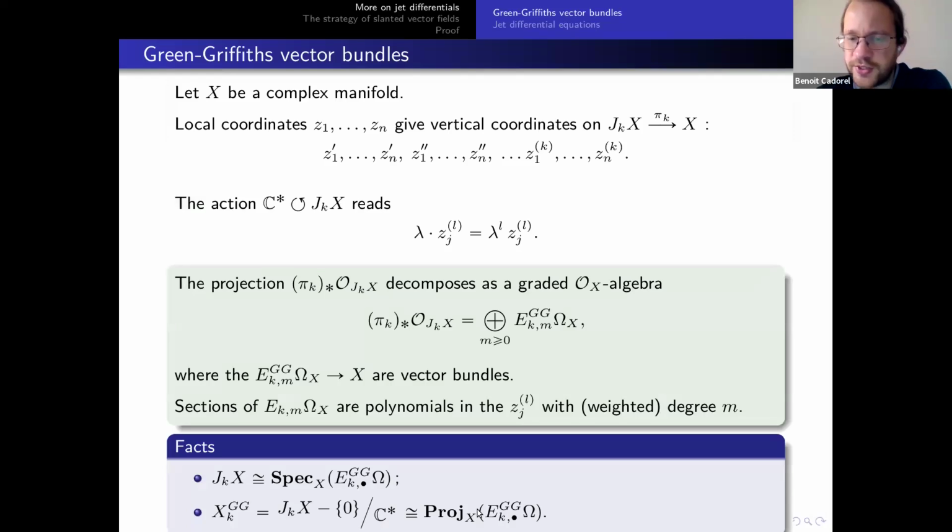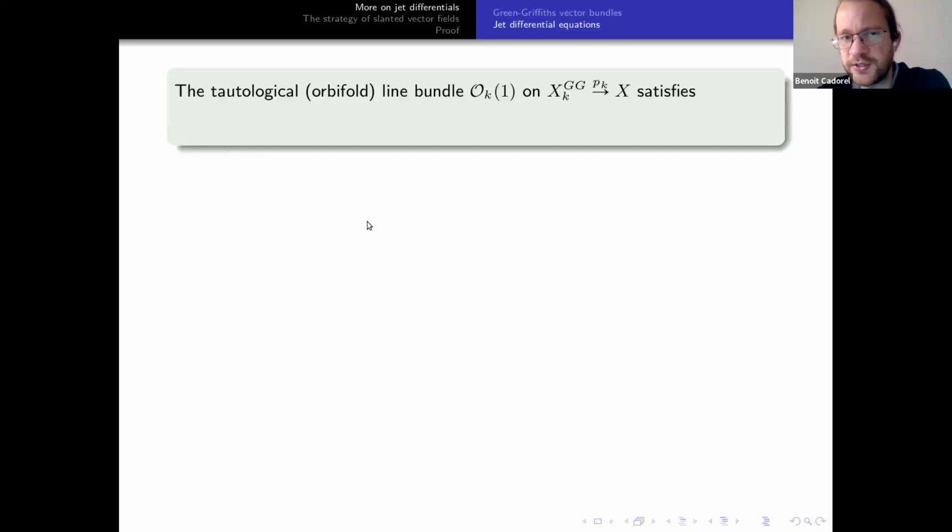As I said, this algebra is not generated in degree 1, so to be more precise, it is not quite true that it is a line bundle. It would rather be a Q-line bundle, or also an orbifold line bundle.